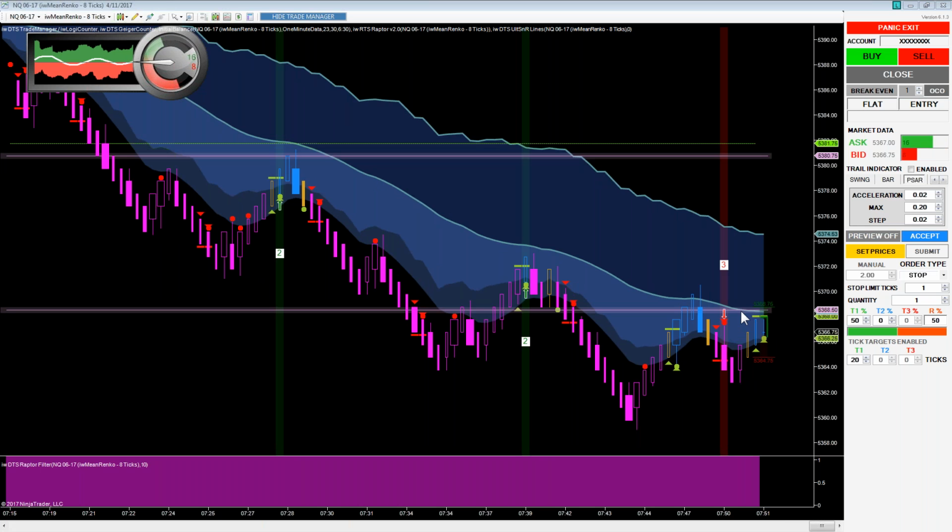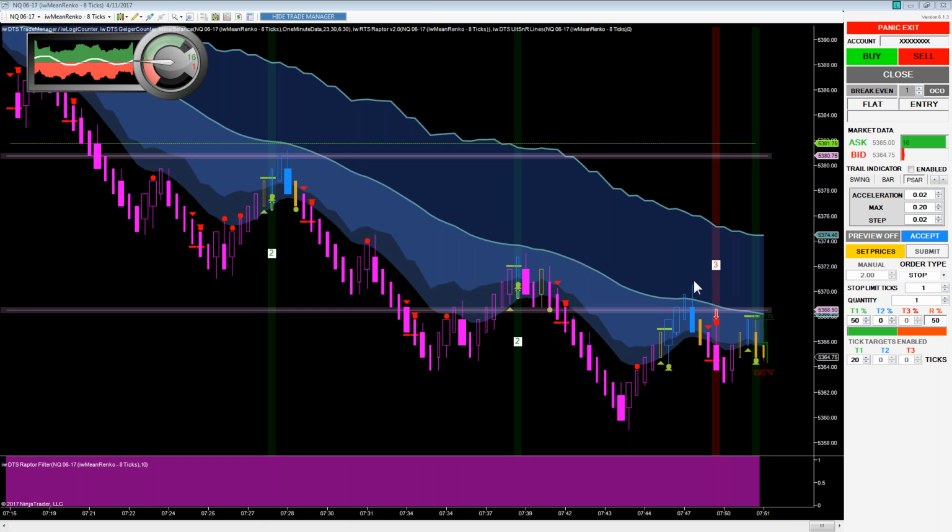Right. Well, what do you think? This looks a whole lot like another counter trend signal. The safer signal is taken above failure of a swing high right here.